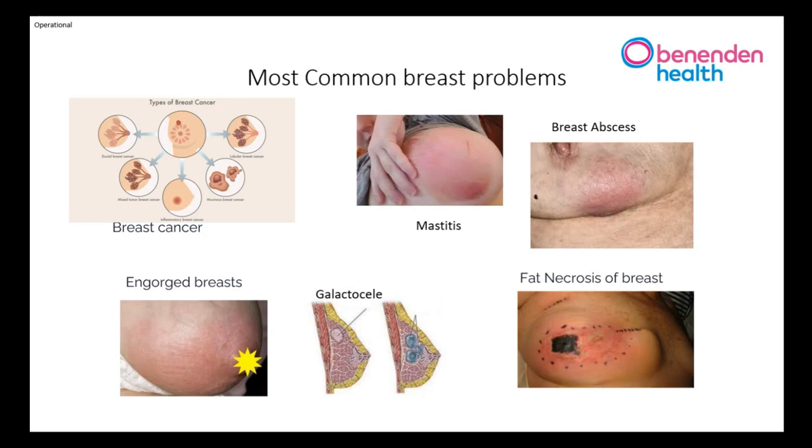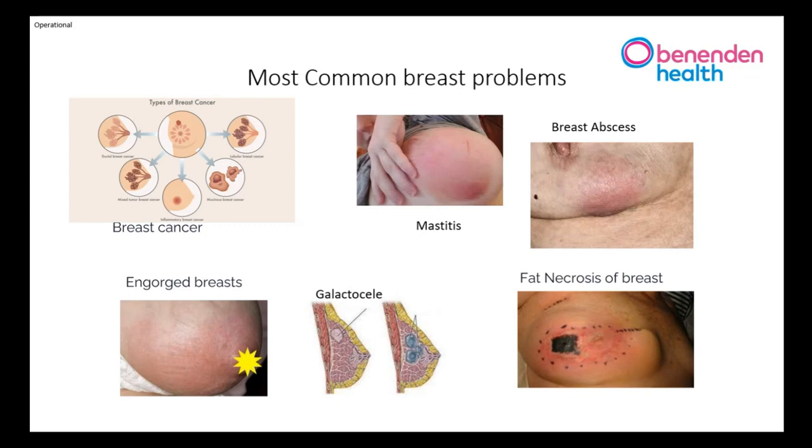It's known as triple negative because it lacks all three molecules called receptors, and other types of breast cancer are known to have at least one of the three receptors. So you've got your estrogen receptors, your progesterone receptors, or your human epidermal growth factor receptor.